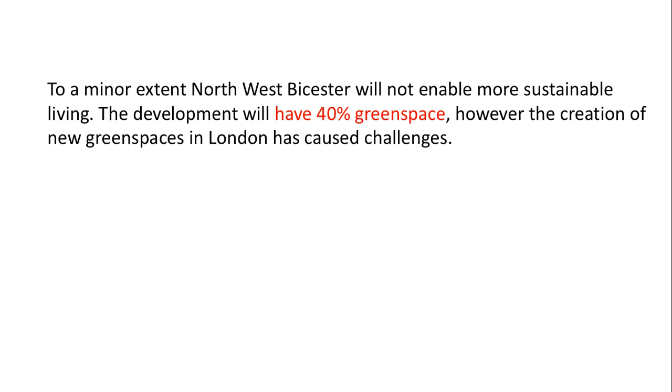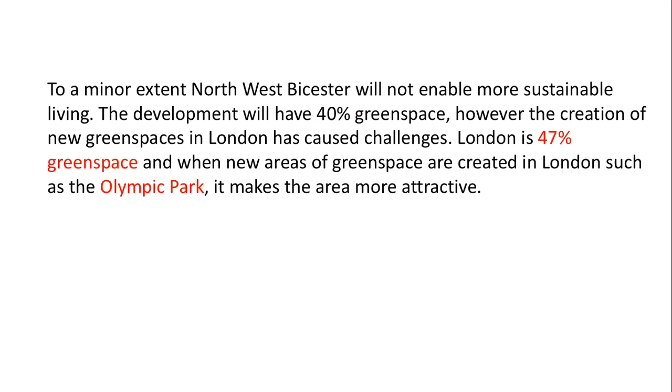To a minor extent, North West Bicester will not enable more sustainable living. And I've chosen a fact from the figure and my own knowledge about London to explain that point. The development will have 40% green space. However, the creation of new green spaces in London has caused challenges. Right, so now I'm using my own knowledge about London.